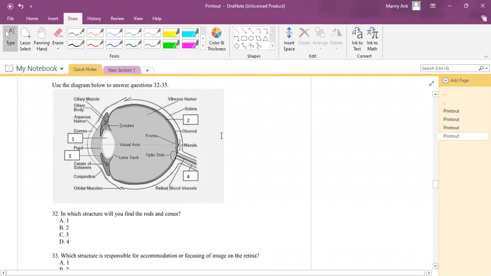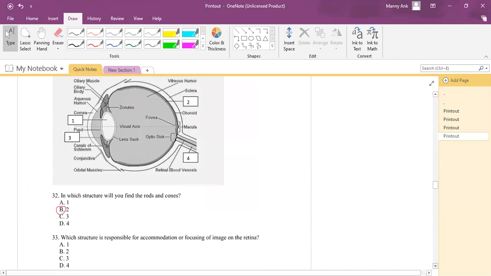So the retina is B. Number 33. Which structure is responsible for accommodation or focusing of image on the retina? Accommodation or focusing. Remember, that is the lens. The lens does that.